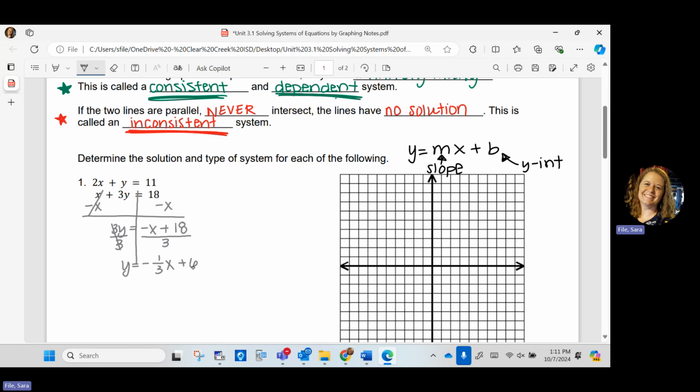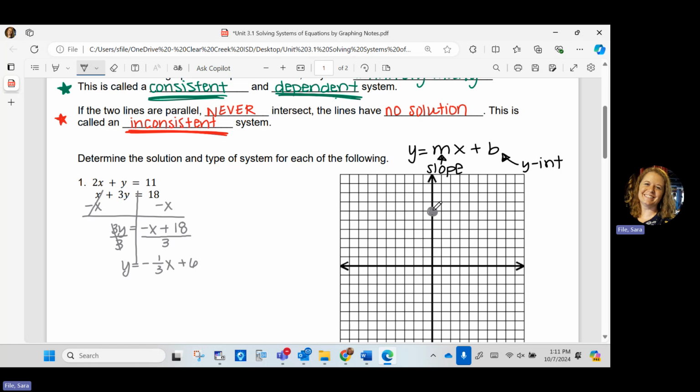I'm going to come over to my graph and graph it. Because the y-intercept is b, that is the plus 6. So I'm going to go to 6 on my y-axis and plot that point. And then I'm going to count my slope. My slope is negative 1/3. Remember, your slope is rise over run. The fact that it's negative means I have to go in a negative movement.